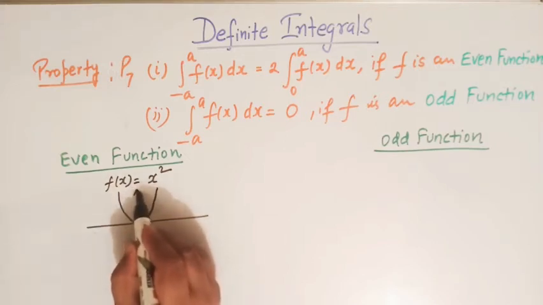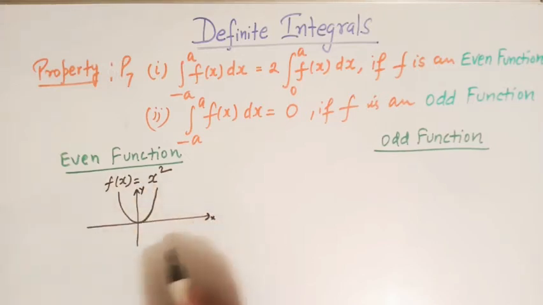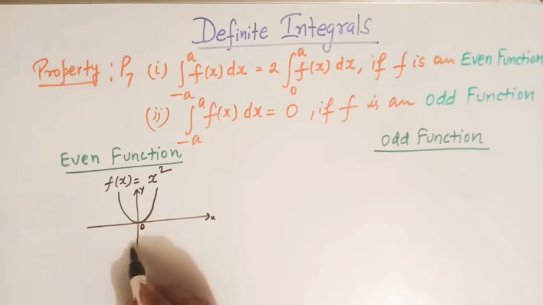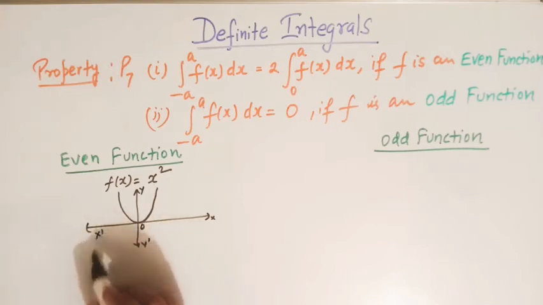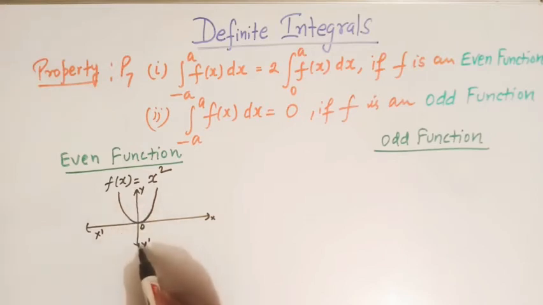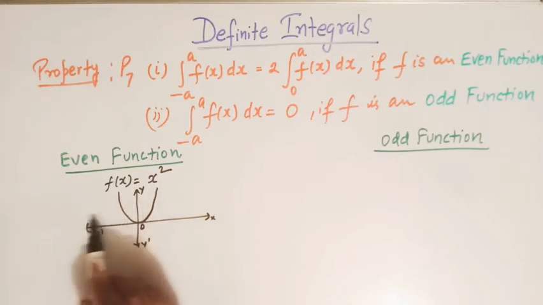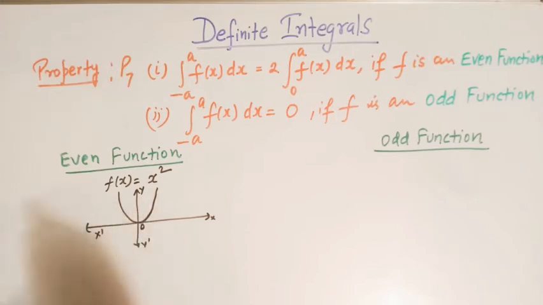So we see that the graph is symmetrical about y-axis, right? So this is y-axis, so the graph is symmetrical to y-axis, right?